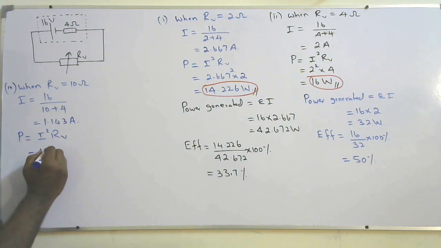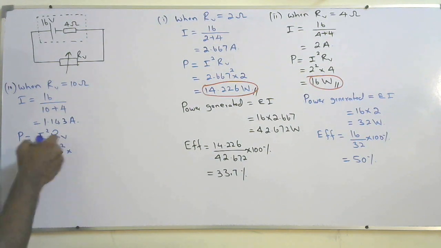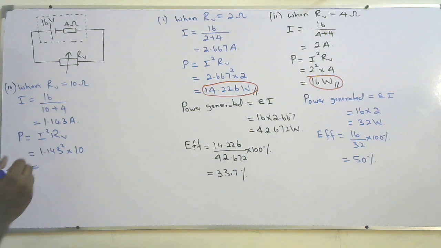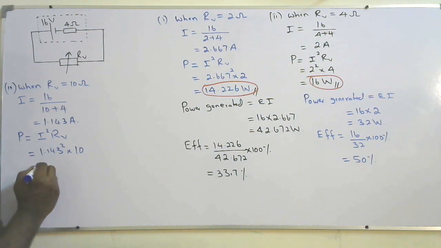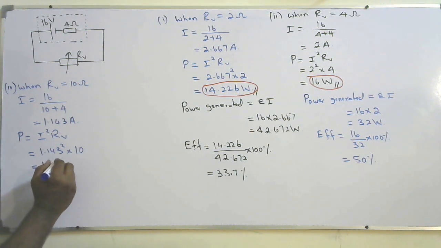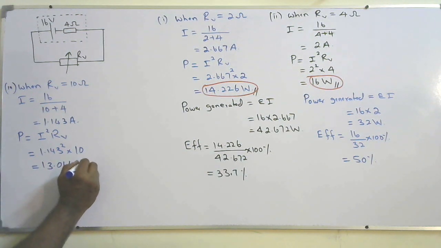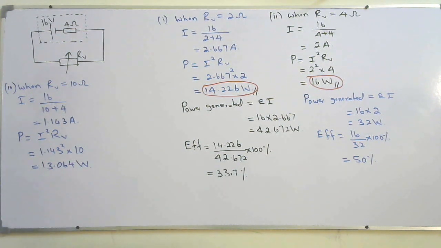So that will be 1.143 squared into RV, that is 10 ohms. So that will be 13.064 watts.